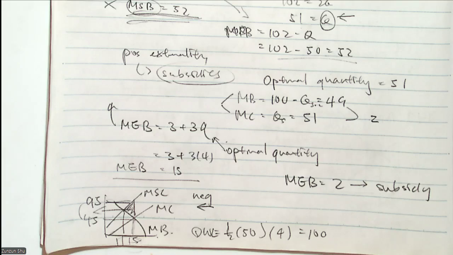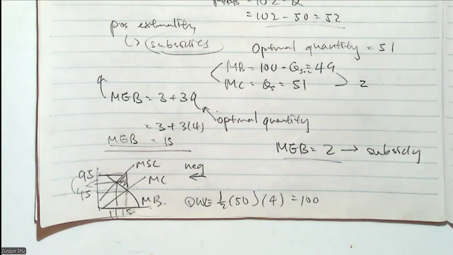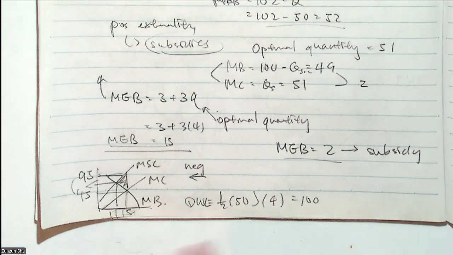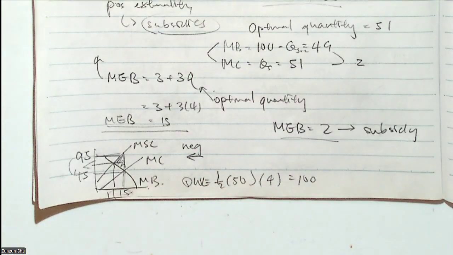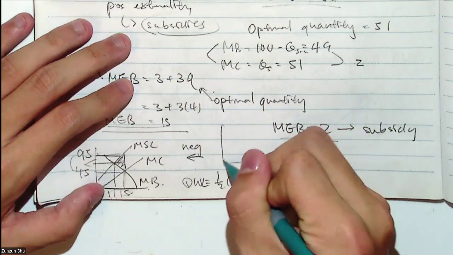Yeah, and the next part is asking for your tax. So just like what we did here and here, you're using the socially optimal quantity to determine exactly what amount of tax we're going to impose. So in this question, you see it looks like this, right?